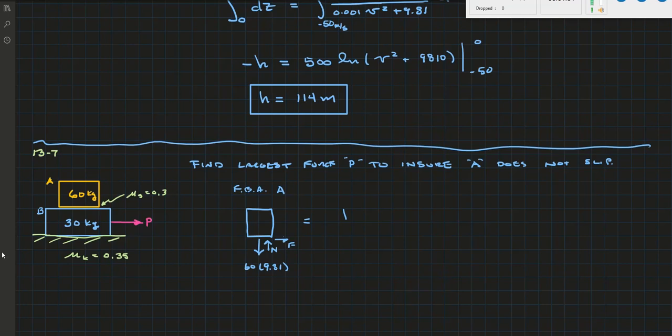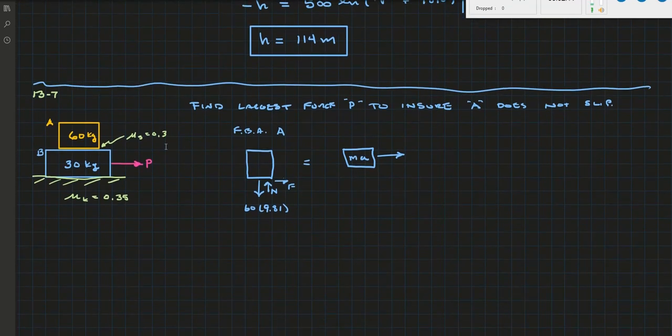Okay, we'll set this equal to our kinetics diagram, and let's say we have mass times acceleration in the x direction. Let's sum forces here in the x. Actually, let's do a quickie in the y direction just to demonstrate.